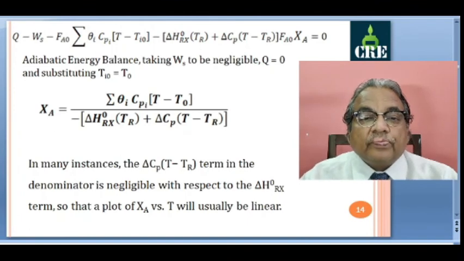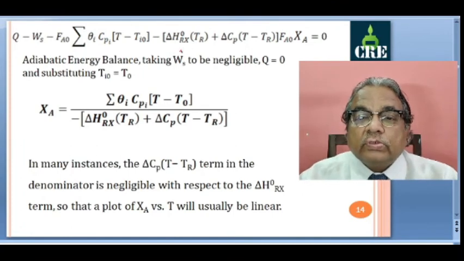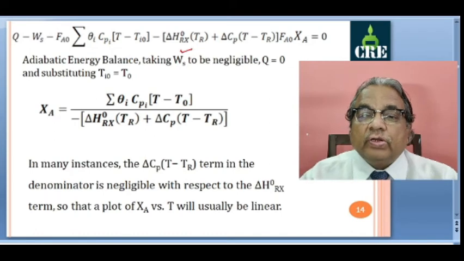So for adiabatic conditions, this Ws is work done on the system term, this will be negligible, so this is 0. For adiabatic operation, Q is equal to 0.